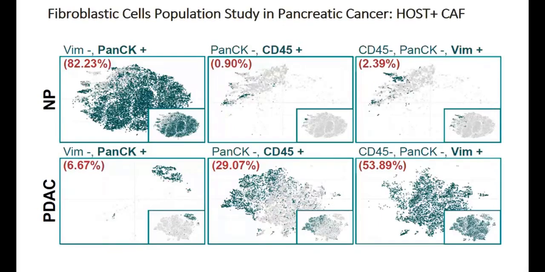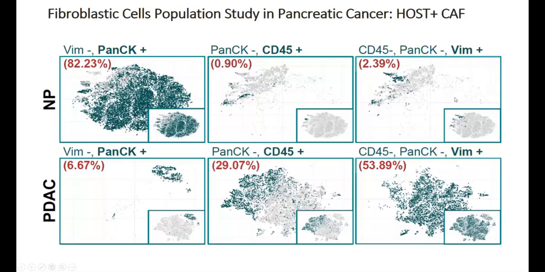Well, knowing that this pipeline was working as expected, we started to gate the populations to start separating these cells. For example, we started to check the presence of pancytokeratin, but in the absence of vimentin, to start detecting only epithelial cells, either normal or cancerous. The same we did for immune cells, in the absence of pancytokeratin.